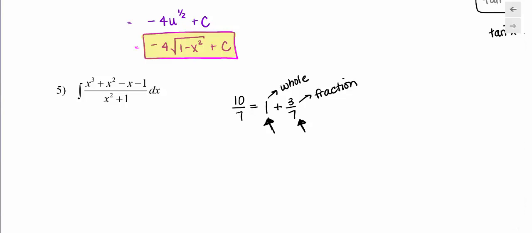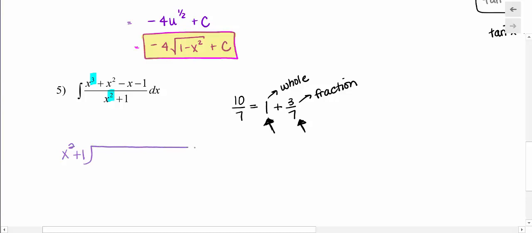So if the power in the numerator is greater than that power in the denominator, I have something like 10/7. So what we're required to do first is to actually perform long division. Those of you that ever wondered, when am I ever going to use long division? Here's another example. Besides slant asymptotes that we talked about last chapter, here's another example.